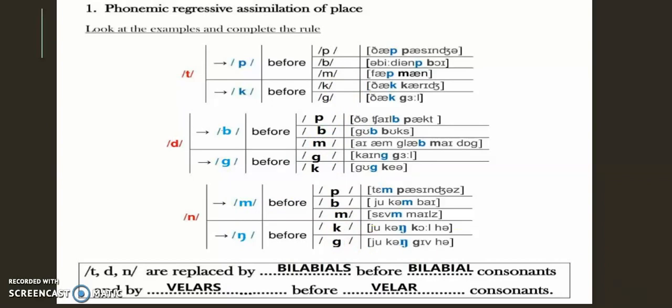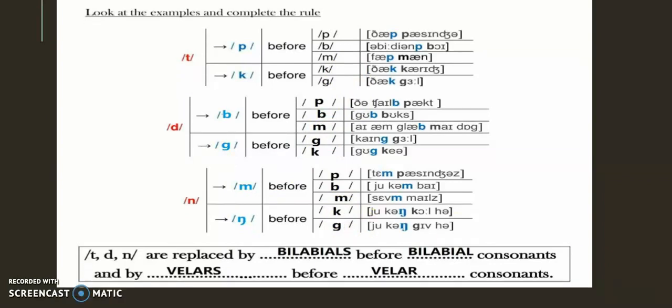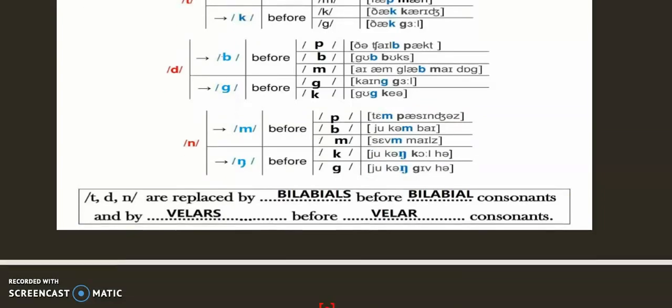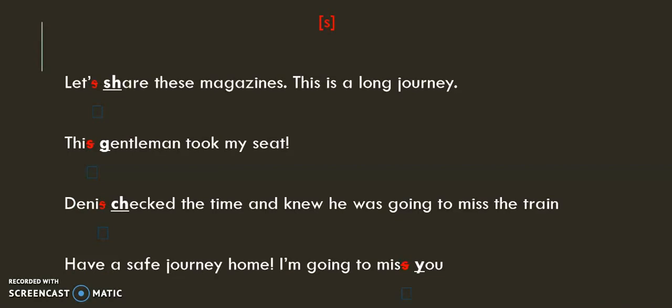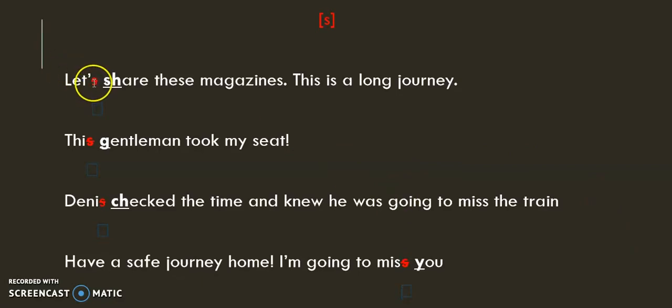There are still two more sounds that are affected by neighboring sounds, and they are also alveolar sounds, and those are s and z. Let's see these cases. As you can see, the voiceless alveolar fricative assimilates into sh when it is followed by these sounds.